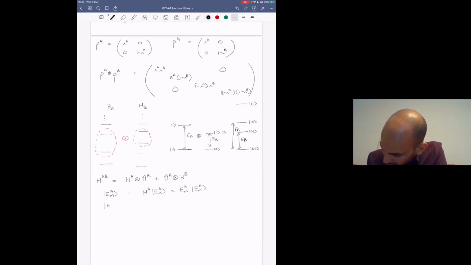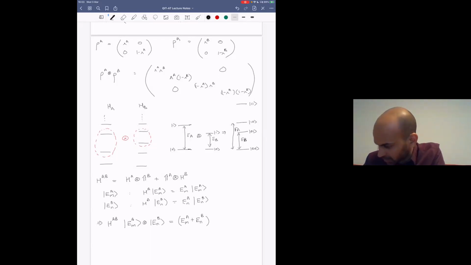And a similar thing for B, En of B, such that HB En of B is EnB times En of B. Then what I'm going to get is HAB acting on the tensor product of these two energy eigenstates. You can do this by substituting the values, and you will see you simply get EmA plus EnB, because in the first case, HA acts to give you the first eigenvalue on A, and in the next case, HB acts to give you the other eigenvalue times the original state.